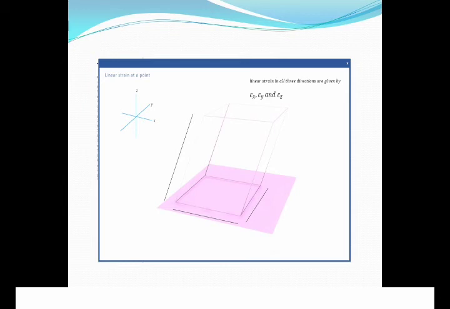Same is the case of the strain, we go in 1 direction or 2 directions or 3 directions. Now in that case, the deformation will be epsilon x in x direction, epsilon y in y direction, and epsilon z in the z direction. These 3 mutually perpendicular directions are where the changes will occur in the element.